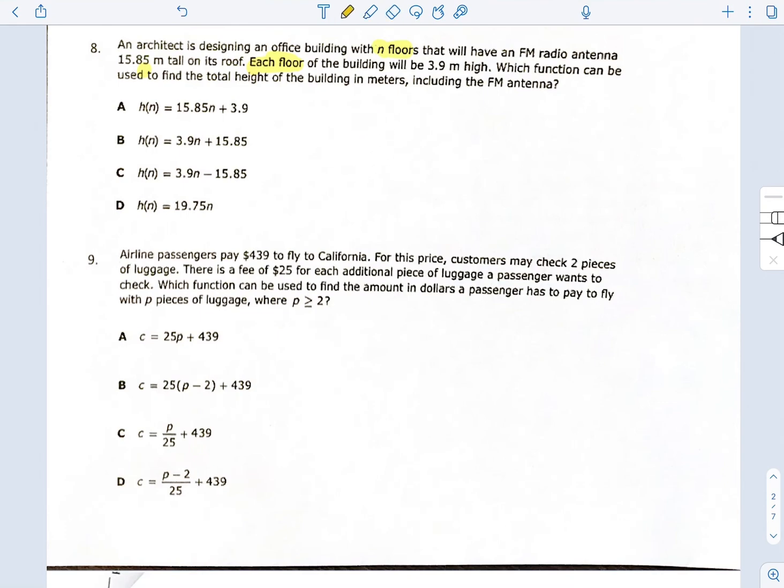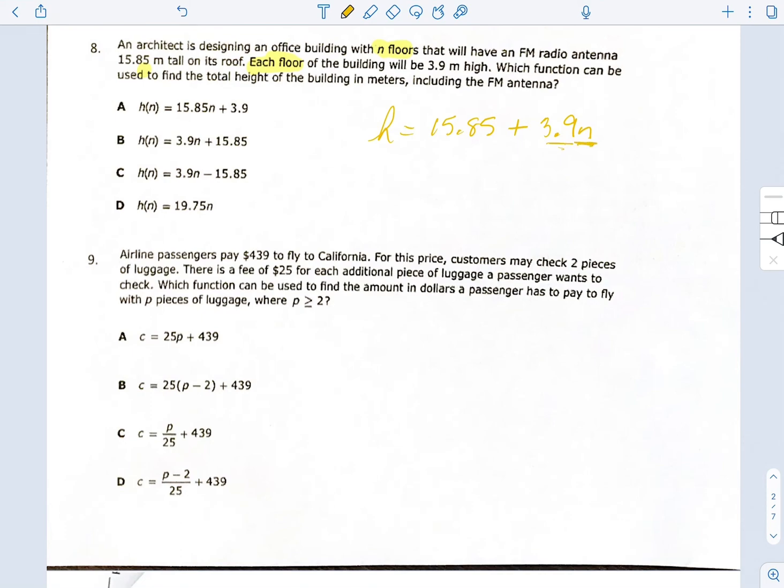Now I need the actual pencil. Again, which function can be used to find the total height of the building in meters, including the FM antenna? Well, we know the FM antenna is the 15.85, so we can go ahead and write that. Plus, every floor is 3.9 meters high. We don't know how many floors, but we represent it by N. Therefore, we're going to say 3.9N, representing 3.9 meters for each floor.